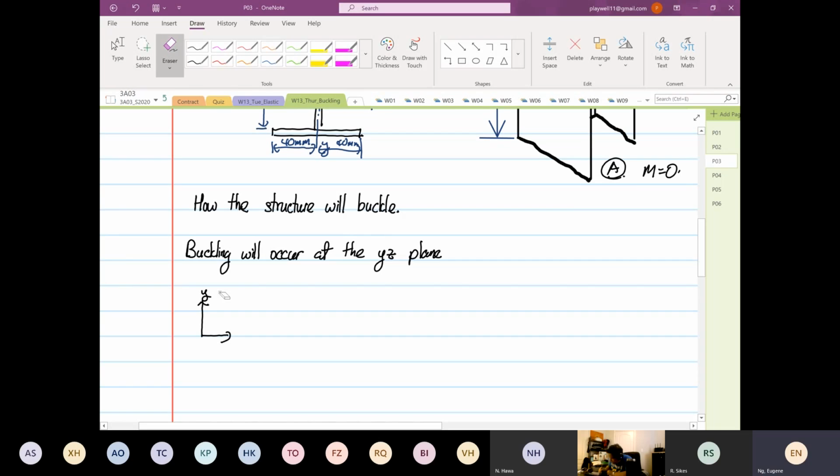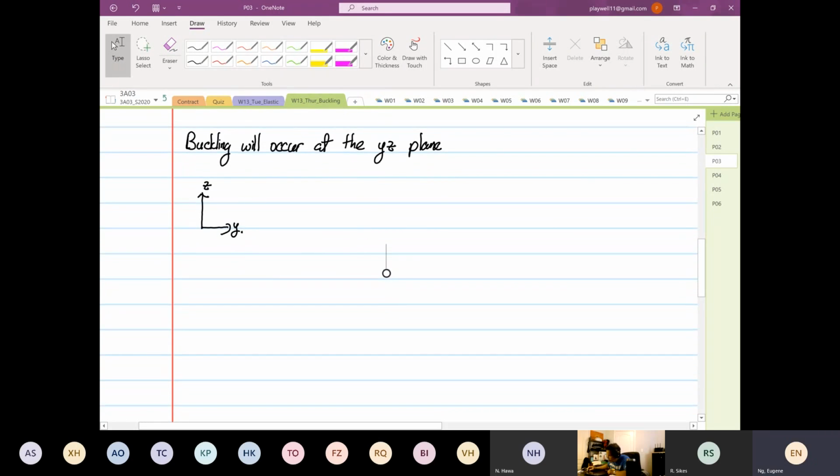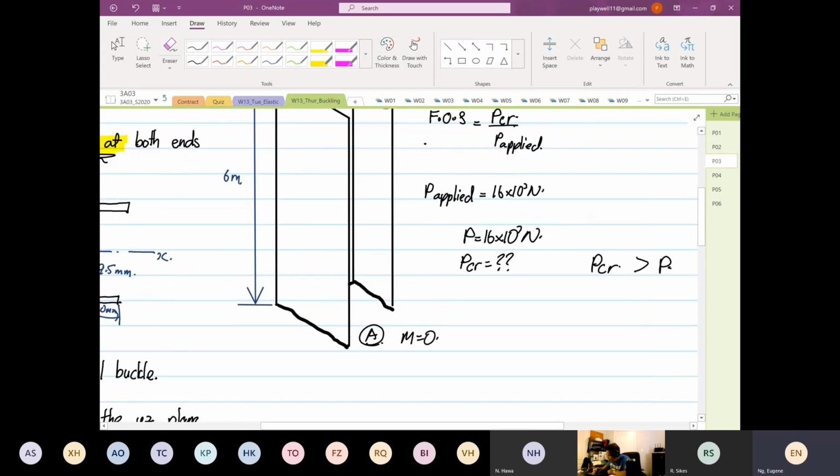That is our Z, our YZ plane. If I look at the structure on the YZ plane, it will look like this. So this is our structure. I'll come back to here.